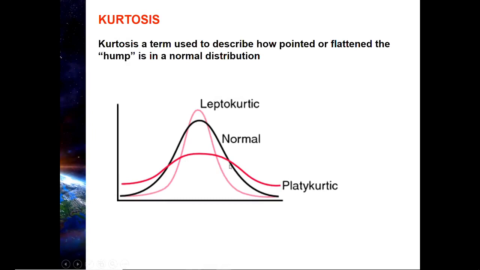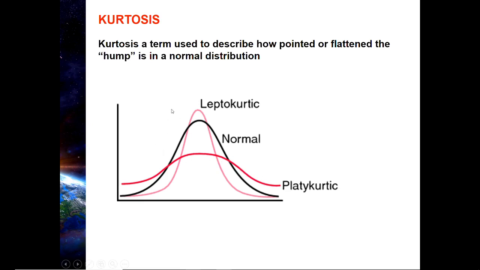When we talk about kurtosis, all of these are bell-shaped, and all of them are symmetrical. So these are all normally distributed. These are normal distributions. It's just that some of them are very peaked and others are flatter, right? But they're all normal.